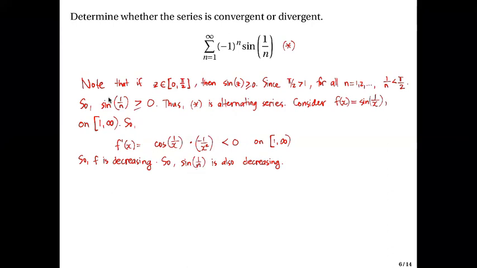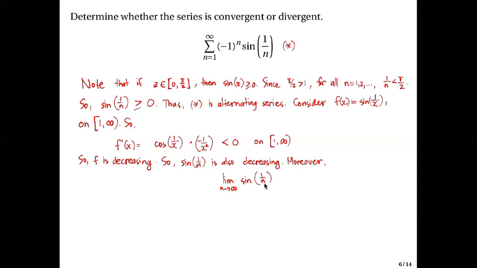What's left to do is to find the limit of sine of 1 over n as n approaches infinity. Moreover, the limit of sine of 1 over n as n approaches plus infinity. So what do we get? As n approaches plus infinity, n increases without bound.